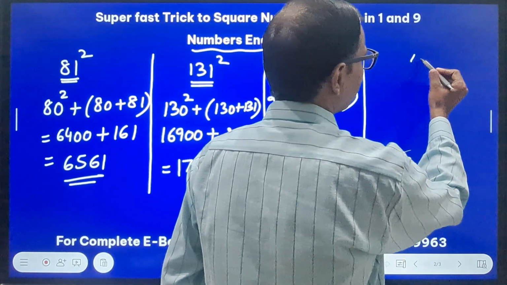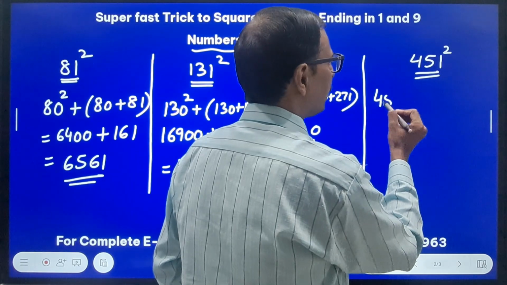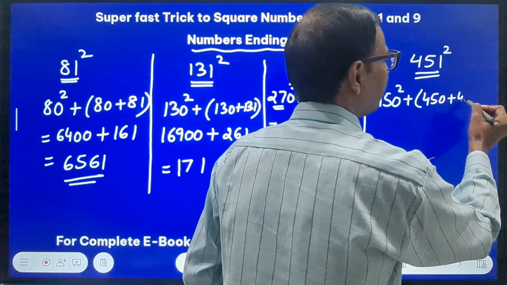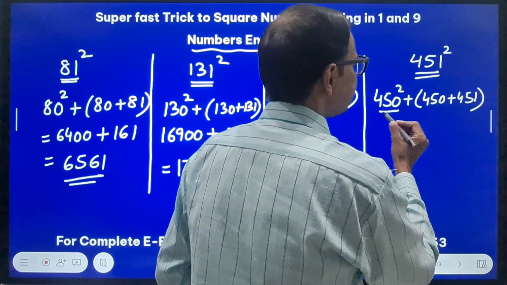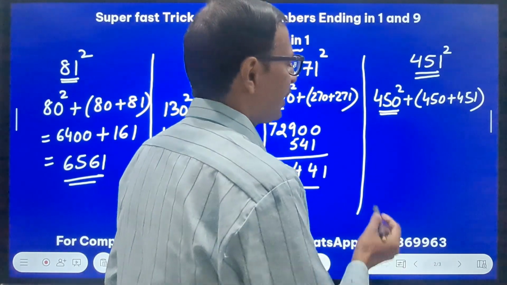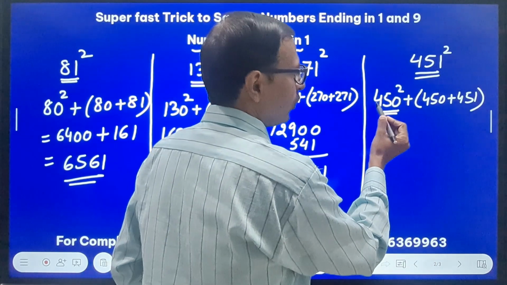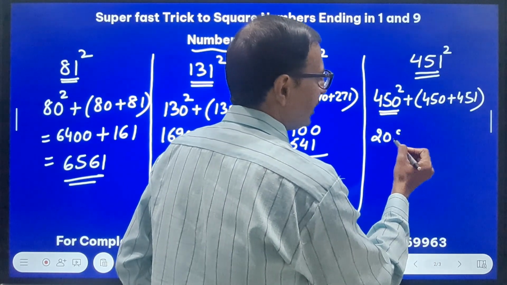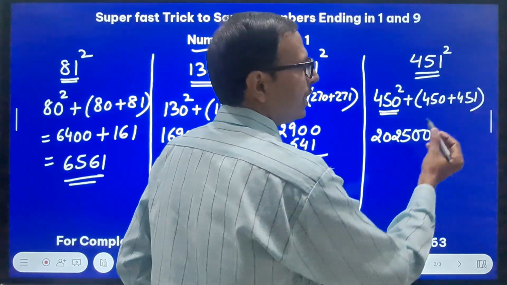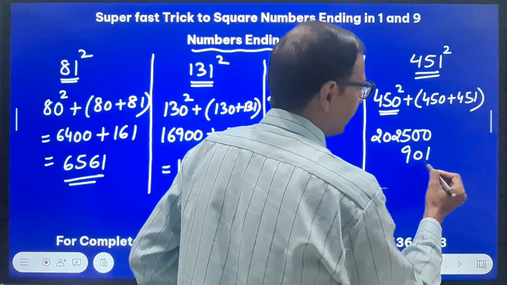Can we do one more question? Let's take 451 square. So 450, right? So 450 square plus 450 plus 451. Now since I have to do 450 square, I should know a little bit of Vedic maths also. How to square numbers ending in 5? 4 5s are 20, followed by 25, and since it is ending in 0, we will have 2 zeros, and 450 plus 450 is 900, so 901 to be added to the result.